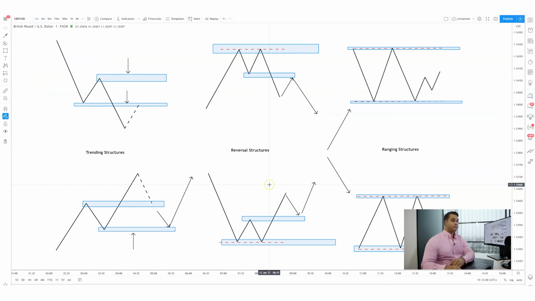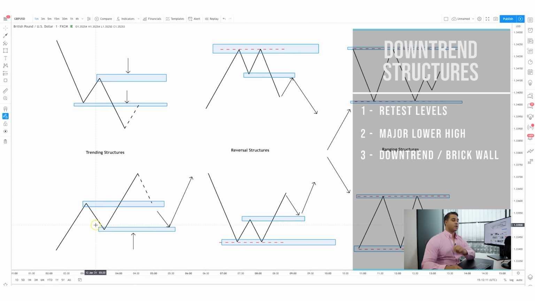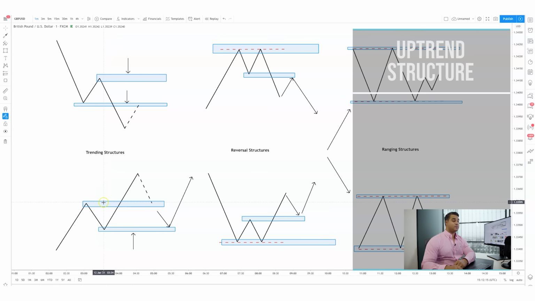Just to recap here, the 3 scenarios are trending markets. The key levels are going to be your retest level and your major lower high in a downtrend. For a buy structure, your key levels are going to be your retest level or your major higher low in an uptrend.